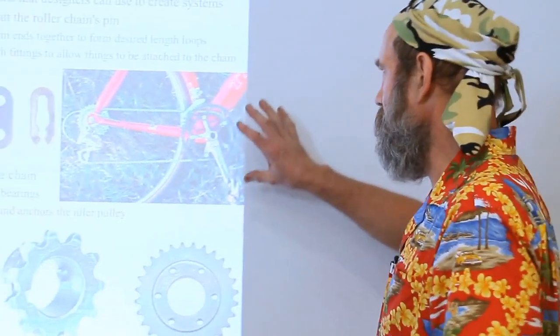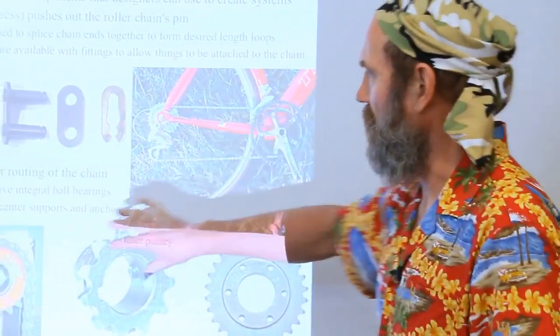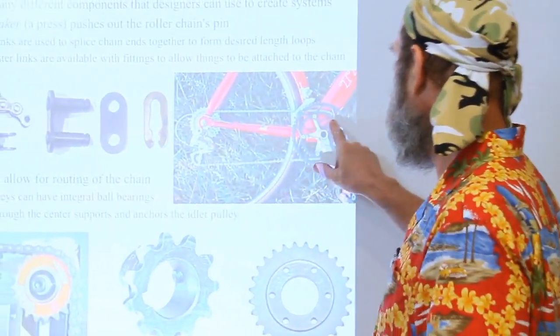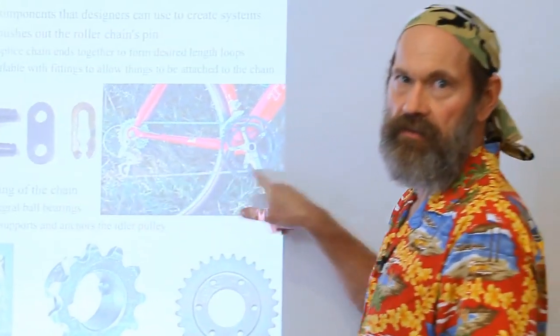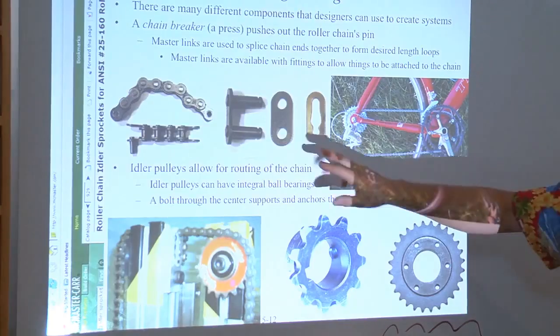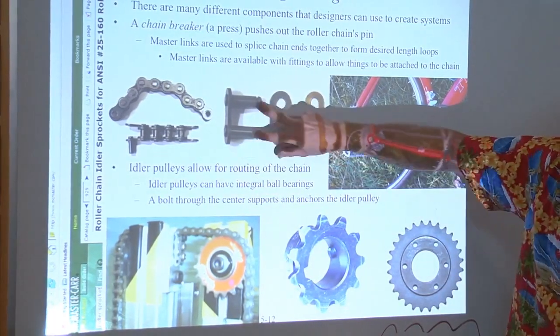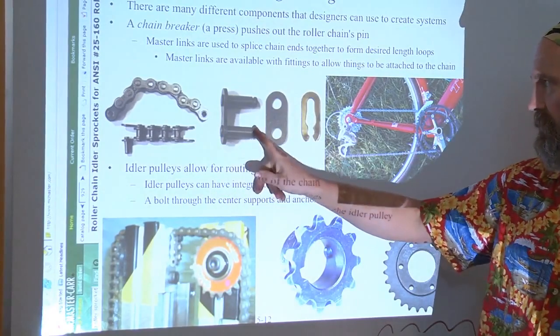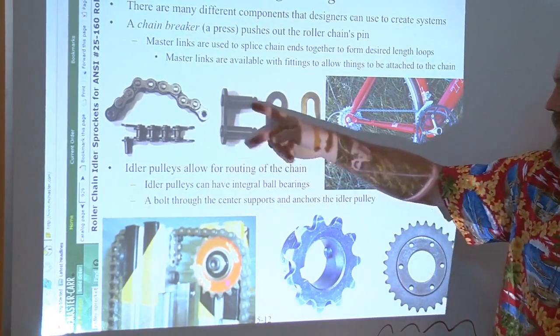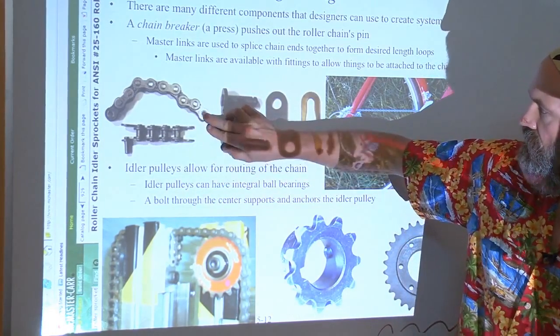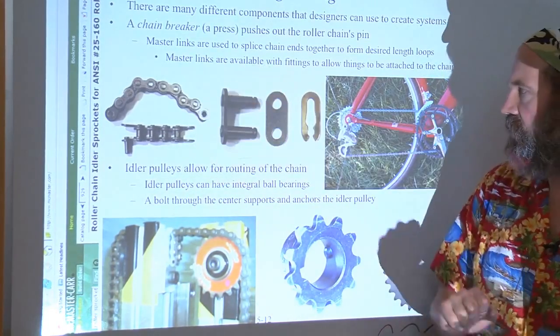So chains, as you see on your bicycle, on robots, are very, very useful machine elements. And you sometimes wonder, how do you get the chain in there in the first place? So remember, chains will have a master link. It comes apart. And this is, by the way, a roller chain specifically. These are the rollers. And this master link is used to splice the chain together.